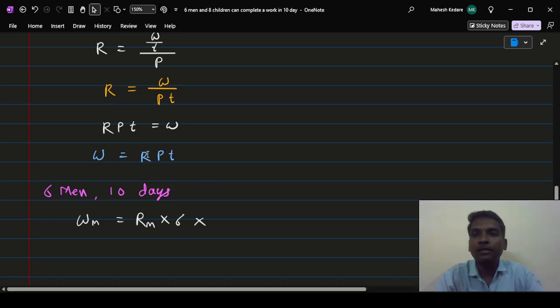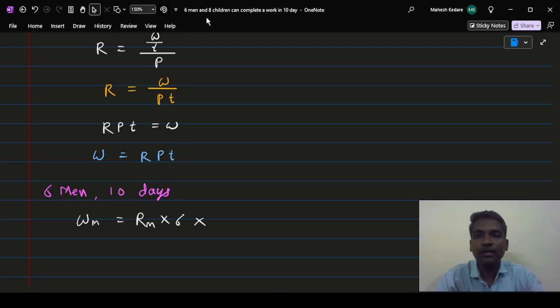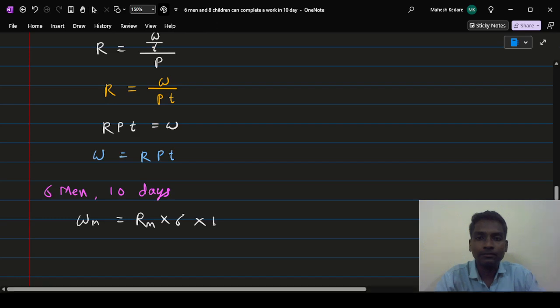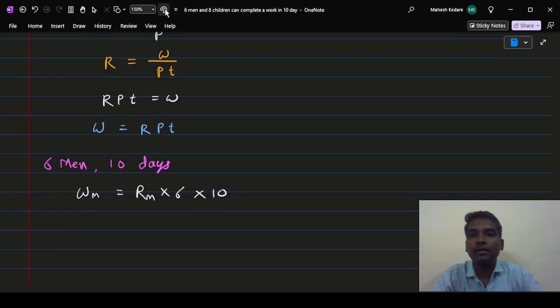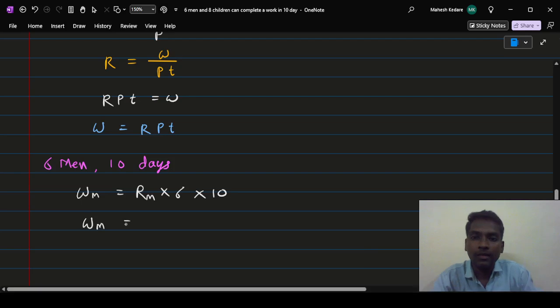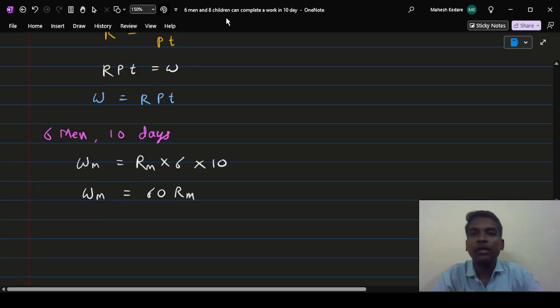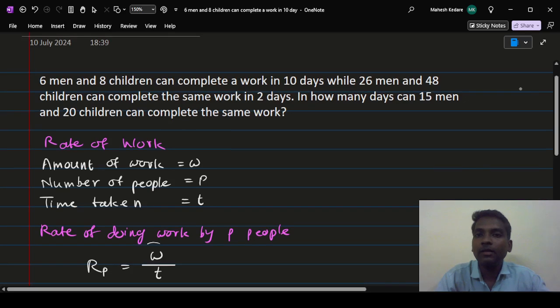And the time for which they do work is 10. So in place of t, I write 10. And I get work done by 6 men equal to 60 Rm. In the same way, we calculate work done by 8 children in 10 days.